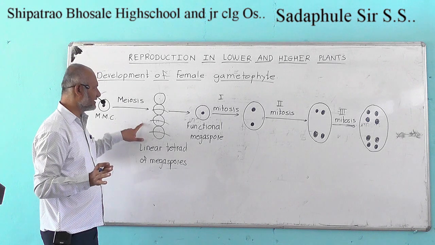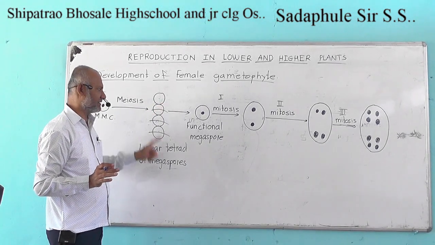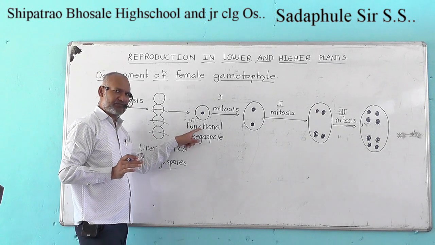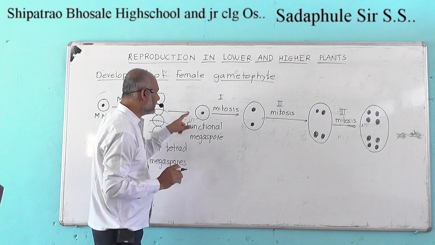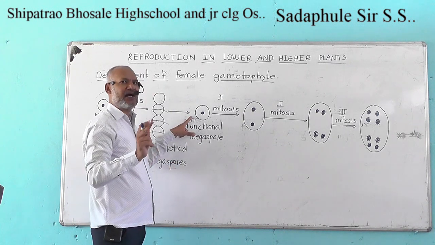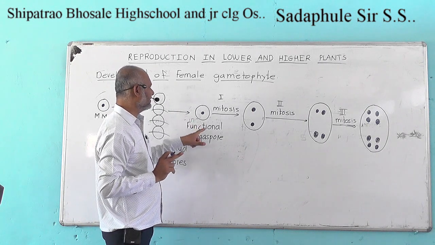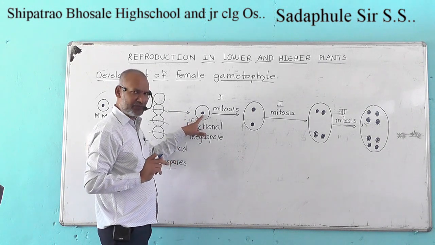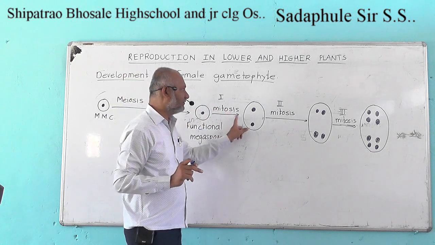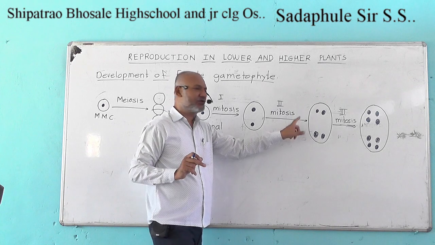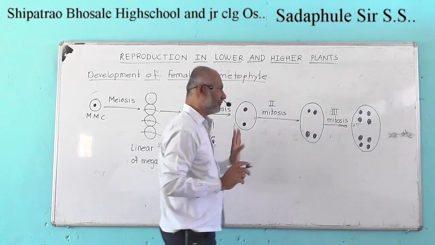They disintegrate. The lowermost or chalazal megaspore acts as the functional megaspore. This functional megaspore enlarges and acts as the first cell of the female gametophyte. Now this nucleus of the functional megaspore divides by 3 successive mitotic divisions to form 8 nuclei, 4 at each pole.